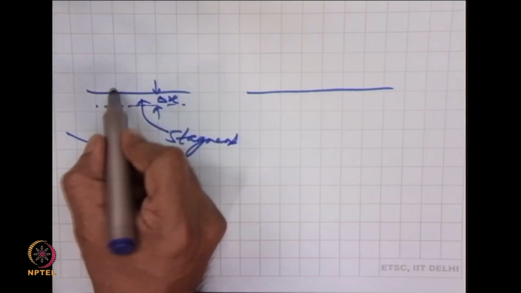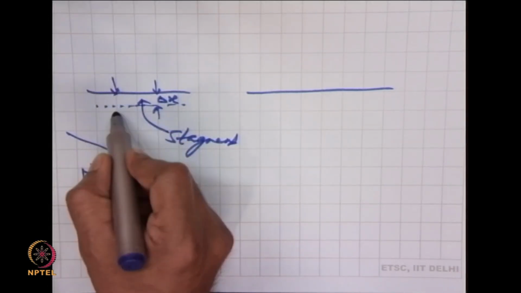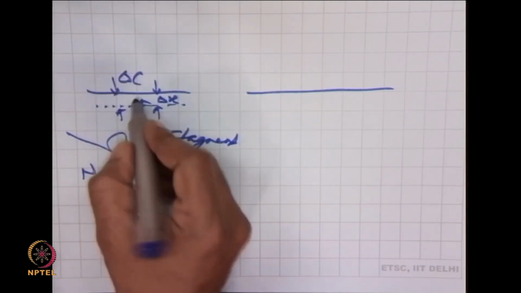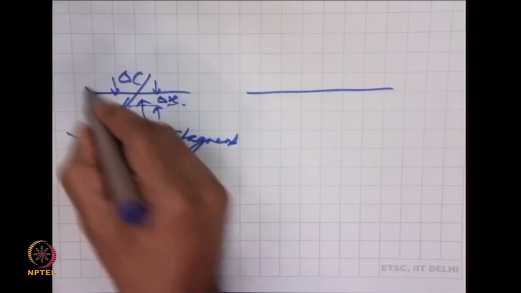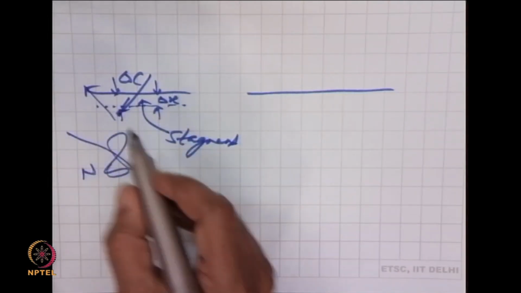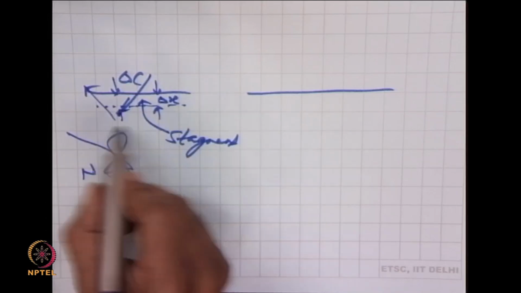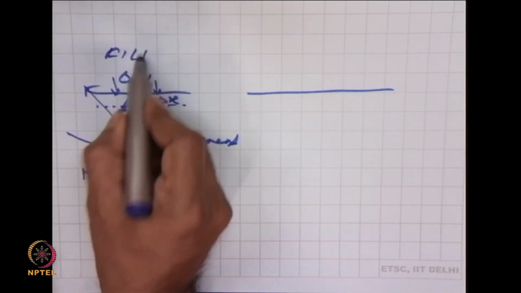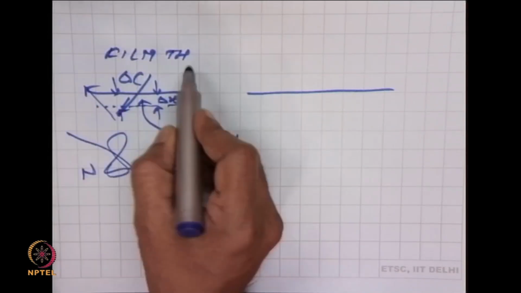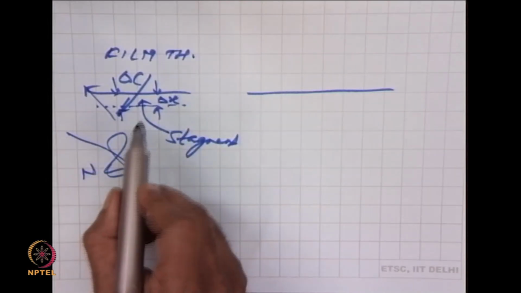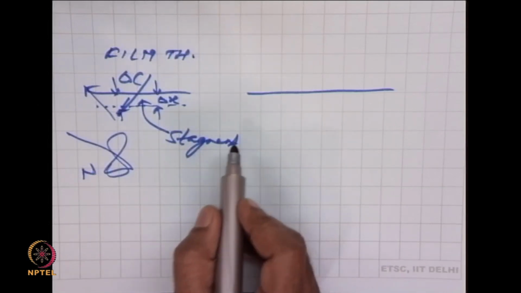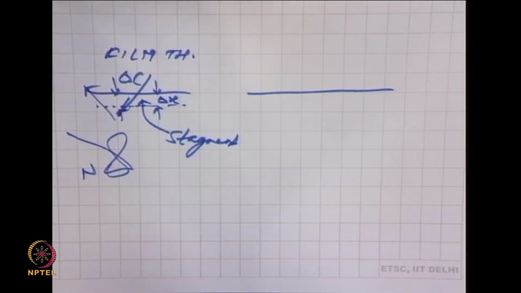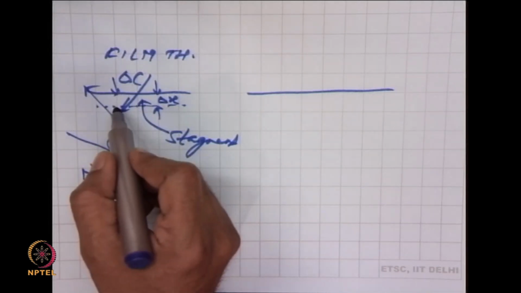Across this there is a concentration difference delta C which is causing the transfer of the solute either in this direction or in the opposite direction, gas to liquid or from liquid to gas. This is the film theory kind of picture, and it is presumed that this portion is stagnant or it is in laminar flow, but not to create too much difference from stagnancy.